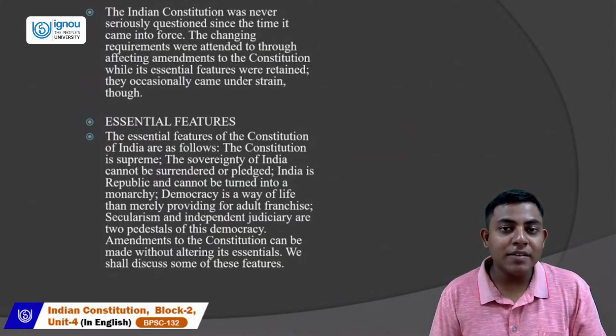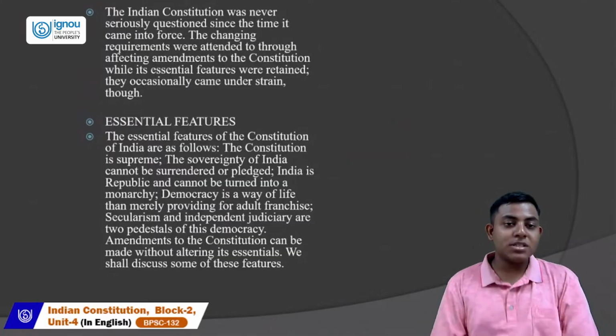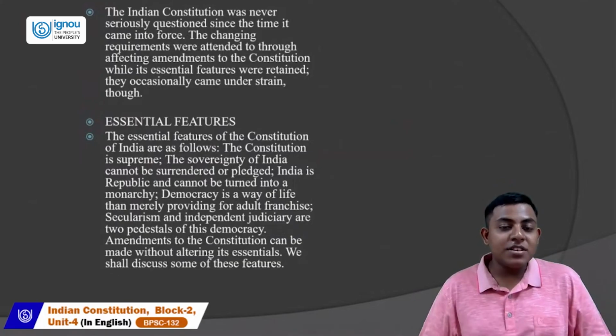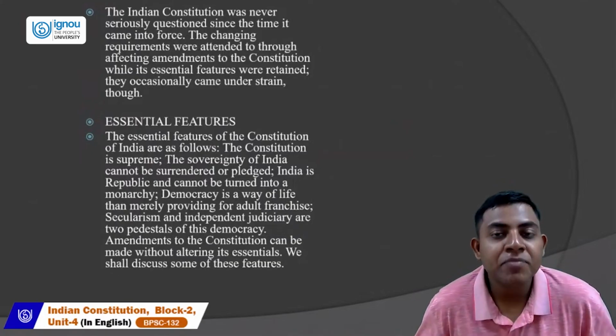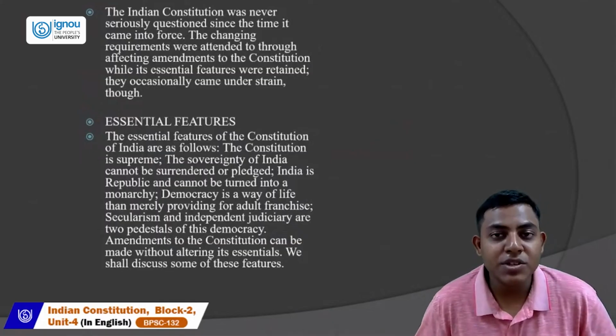Then in 1973, the Supreme Court gave its landmark judgment, the Kesavananda Bharati versus Union of India case. That case was basically pertaining to Article 26, the right of religious institutions to manage their religious affairs.